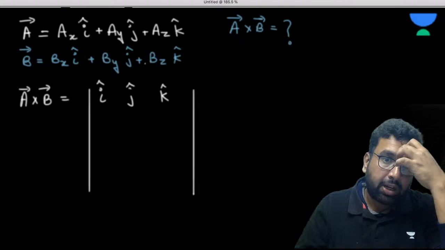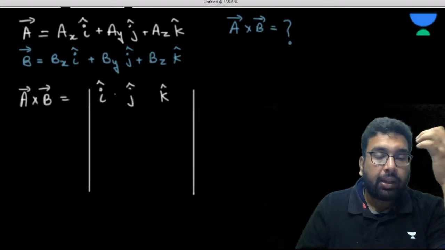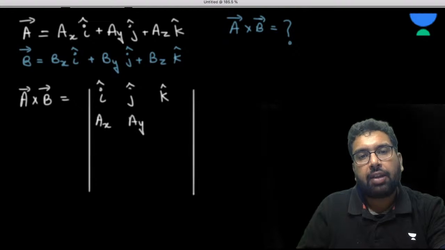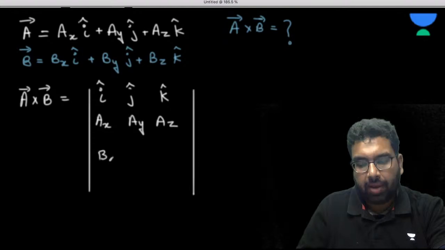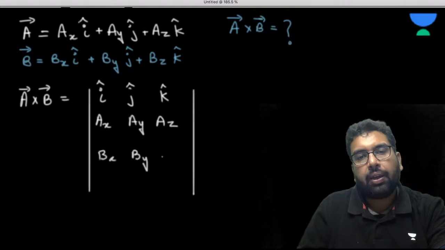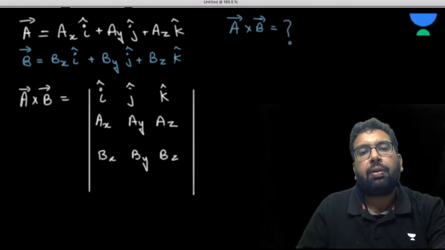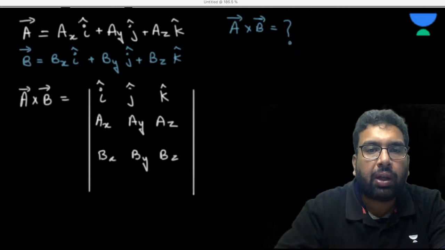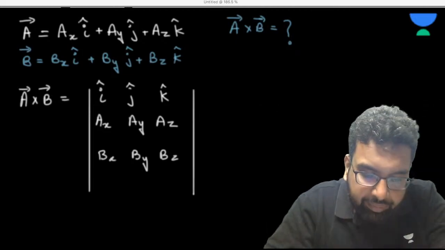So I cap, J cap, K cap, then AX, AY, AZ, then BX, BY, BZ. In a very simple manner, we have given it the format of a determinant. Right or wrong?